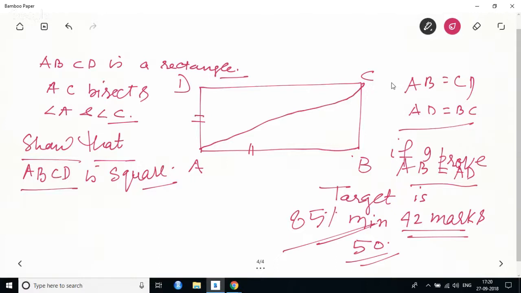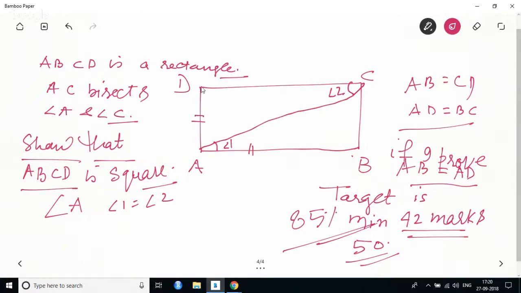Now guys, try to understand what has been given to me. It has been given that angle A, or you can write that if this is angle 1 and this is angle 2, angle 1 is equal to angle 2.